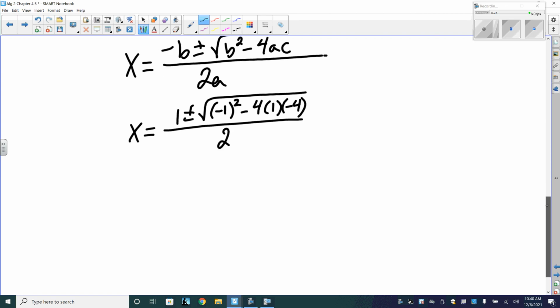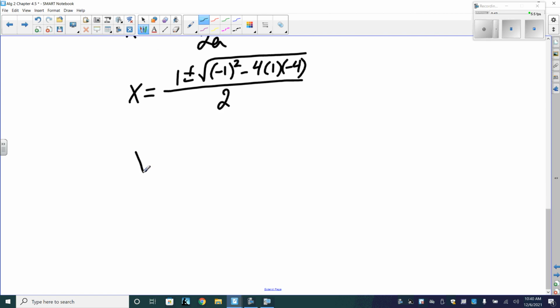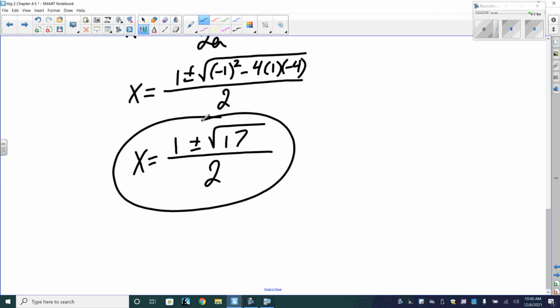We'll finish this up and be done for today. 1 plus or minus, here we'll end up getting the square root of 17 all over 2. Because 1 squared is going to be 1, that's going to be positive. And that's actually our other two answers. The square root of 17 won't reduce, so that's it.